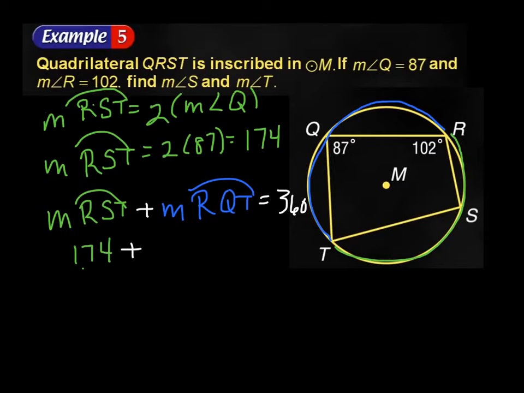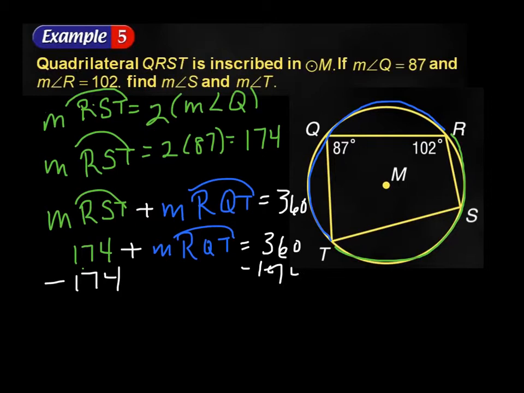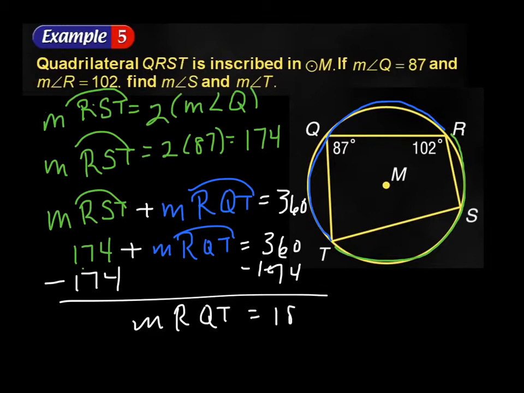plus the measure of arc RQT must be 360. So all we have to do is subtract 174 from both sides, and we get the measure of arc RQT to be 186.